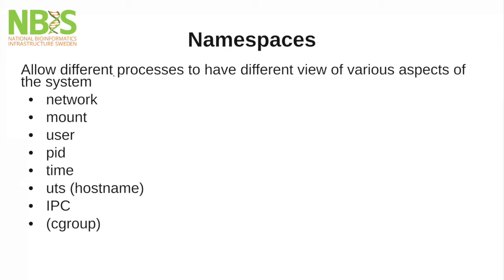Namespaces, we have these different kinds of them. Networks, so we can set up a completely separate network system that behaves differently from the rest of the host. Mount, that is used to get a new root place. Users, so we can run as root inside.